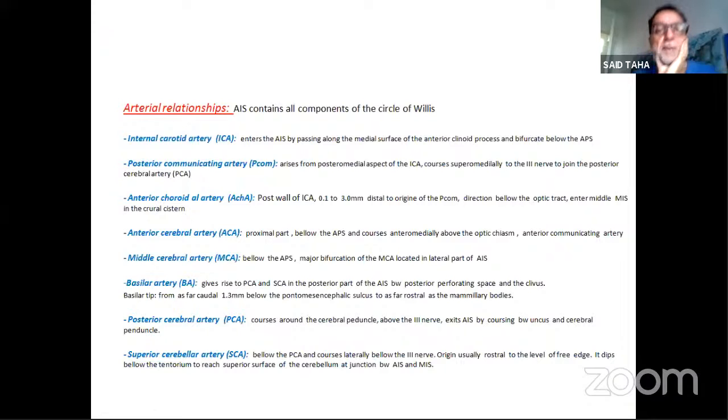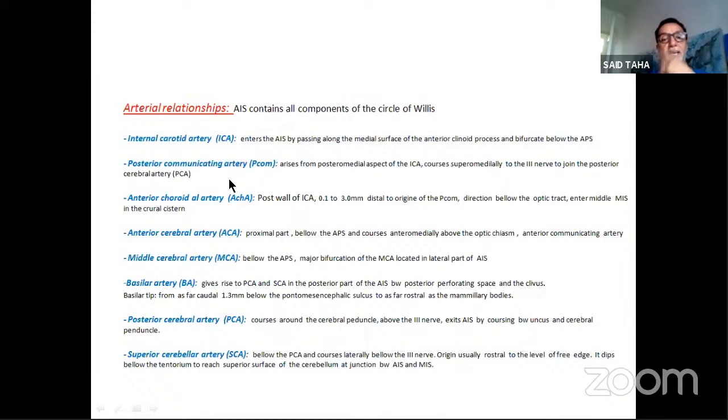Arterial relationships are the most complicated in this region because we have all the components of the circle of Willis. The internal carotid artery enters this space by passing along the medial surface of the anterior clinoid process and bifurcates below the anterior perforated substance.